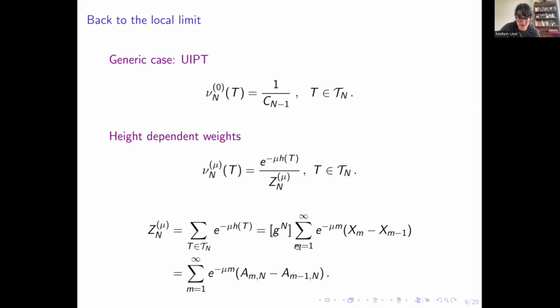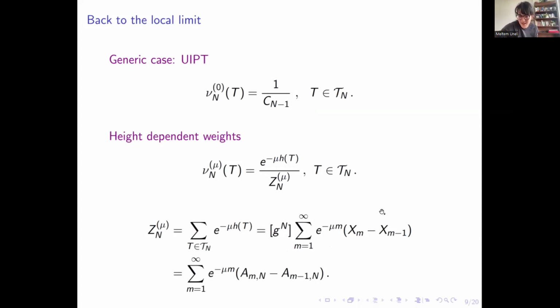We have to look at the nth coefficient of the difference of these partition functions of trees that have at most height m, because if I take the difference x_m minus x_{m-1}, what I obtain is exactly the generating function of trees that have exactly height m, right? And then I have to couple them to exponential minus mu m, because every tree that has height m gets a weight factor exponential minus mu m.